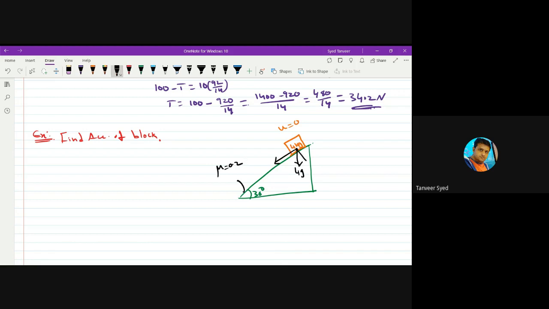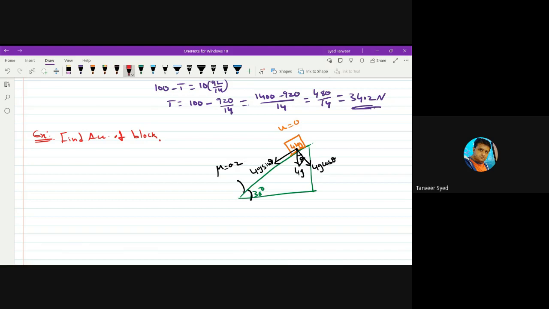Another component will be perpendicular to the incline. If this angle is theta, this angle will be theta. Then this will be 4g cos theta, and this will be 4g sin theta.